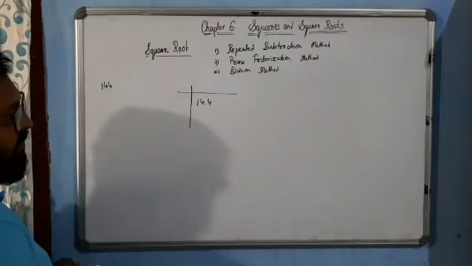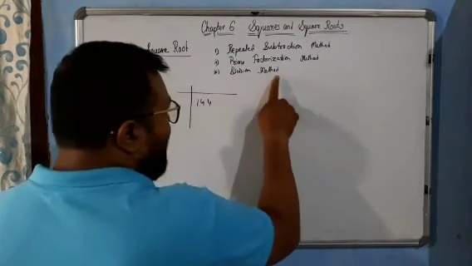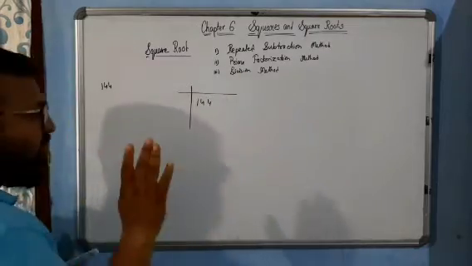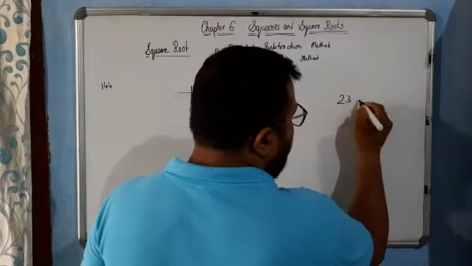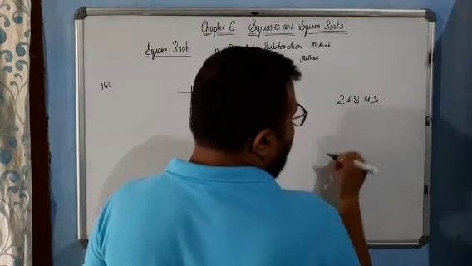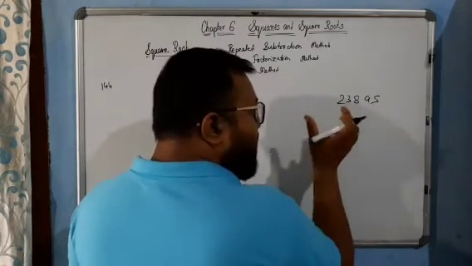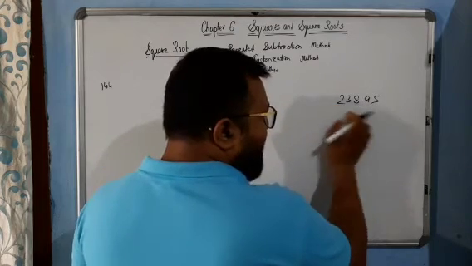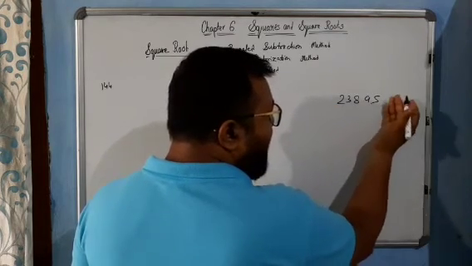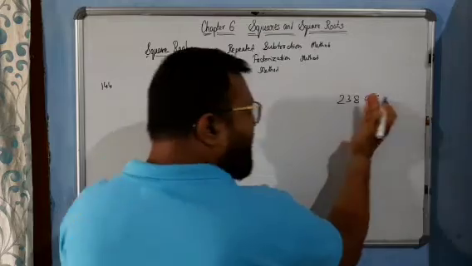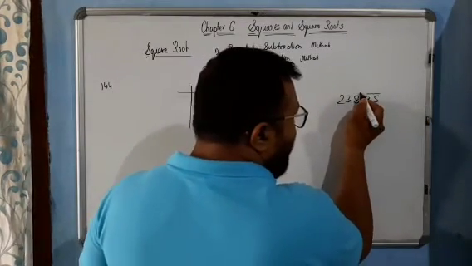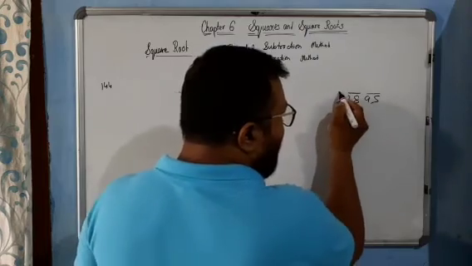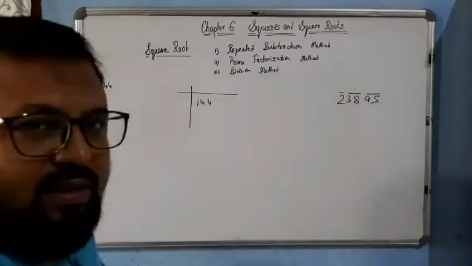But for the division method, we are finding the square root. So remember that whatever may be the number, suppose 2, 3, 8, 9, for example. For this type of number, where there is no decimal, we will start pairing from the right hand direction to the left hand direction. In this way, these two numbers we will pair, these two numbers will pair, and one number is there, so one bar will be there. Is that clear?